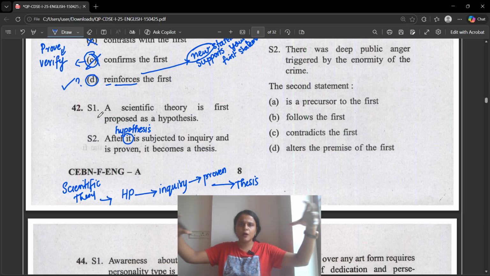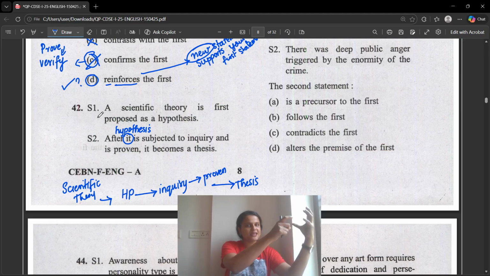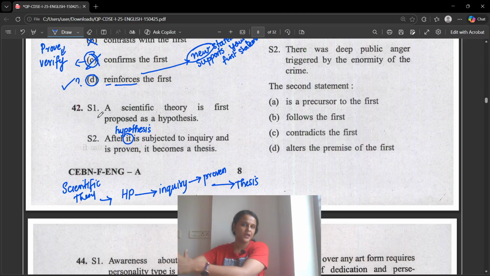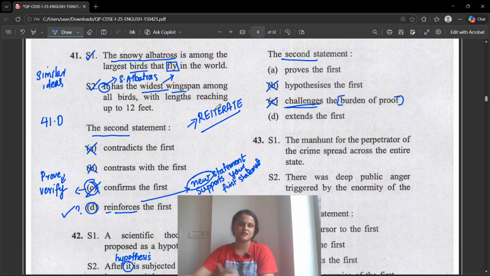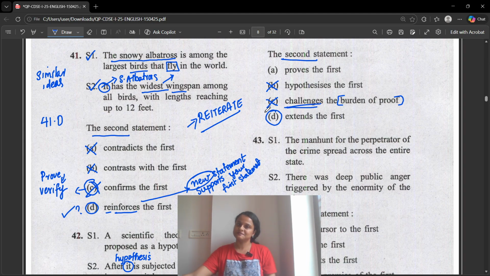So it's talking about the chronology of events, right? It talks about how this begins like that, goes through a process, becomes this. So in other words, it is extending the information, right? So the answer is D. Is that clear? So 42, the answer is D. Is that clear? Not a proof. It's not a verification of the statement.